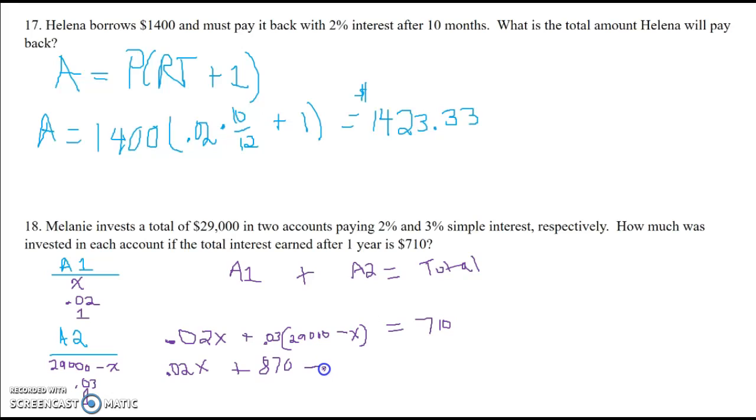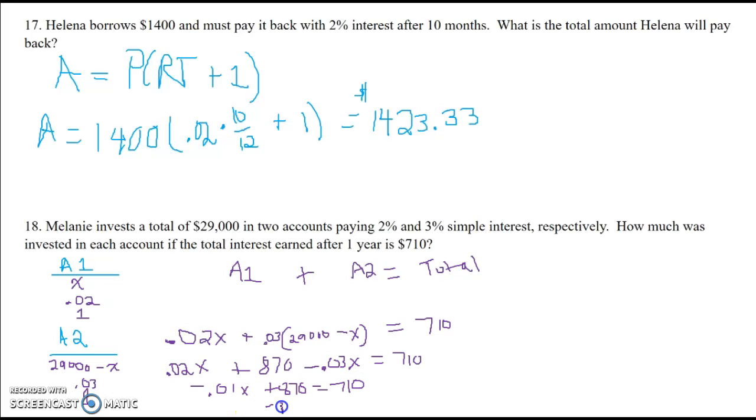And then I have 0.03 times X is 0.03X. Alright, 0.02 minus 0.03 is going to be negative 0.01X plus 870 equals 710.